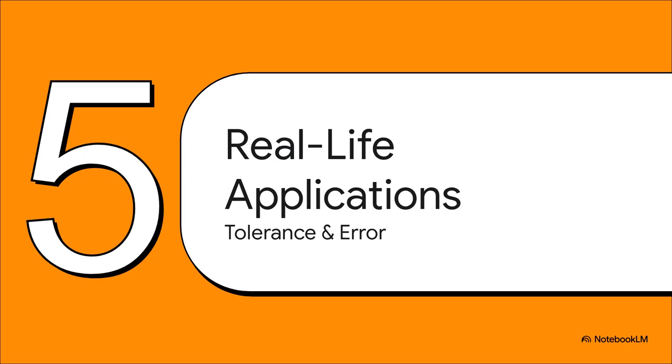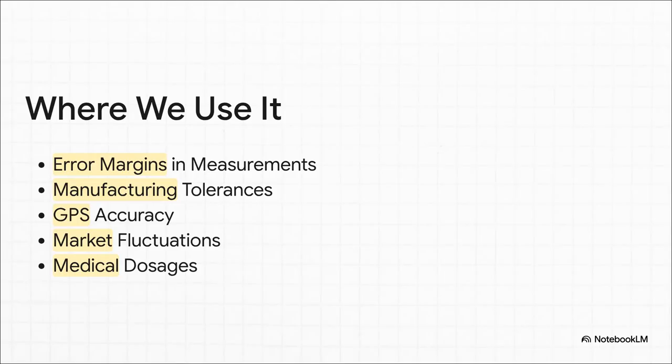Okay, I know this can all feel a little abstract, a little math class, but this idea of an acceptable range or a deviation from some target, it is everywhere in the real world. I mean, seriously, think about it. Error margins in scientific measurements, the tiny tolerances needed in manufacturing, the accuracy of your GPS, stock market fluctuations, even medical dosages.